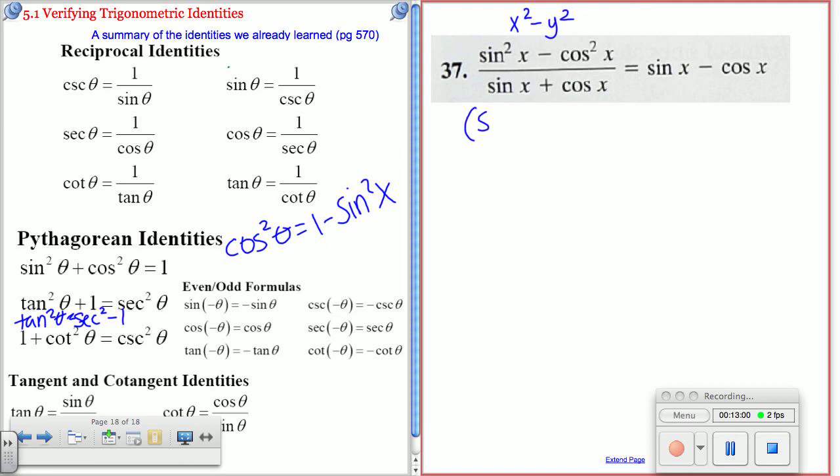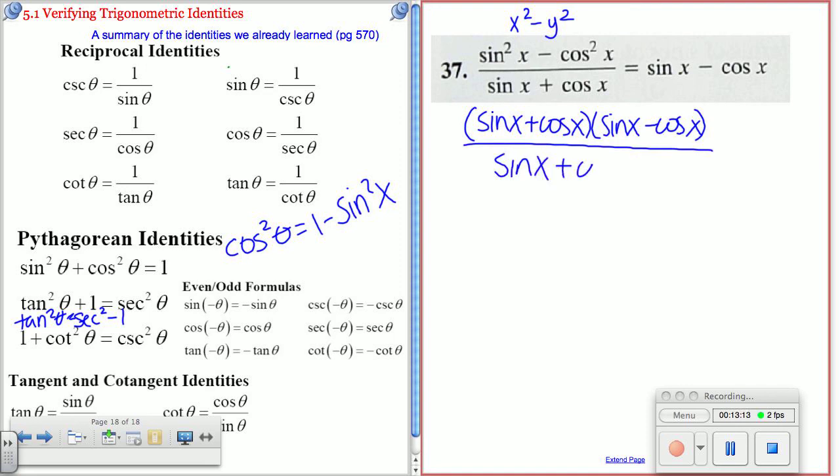Let's split this up into sine x plus cosine x and sine x minus cosine x. Now, if I look at the whole bottom, that matches one of my factors on the top, and I can cancel those out. I'm left with sine x minus cosine x, which is exactly what I wanted.